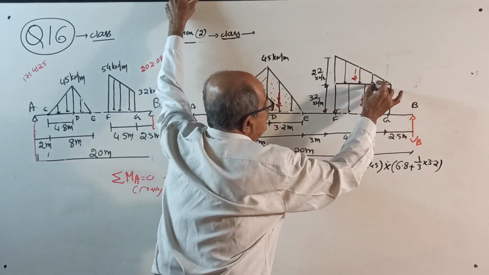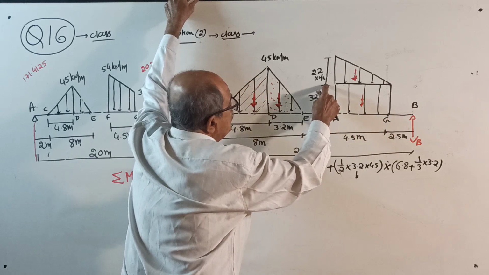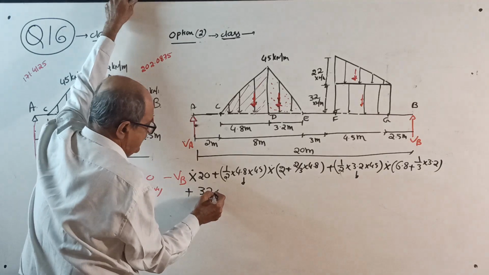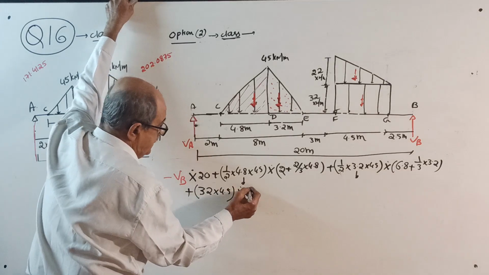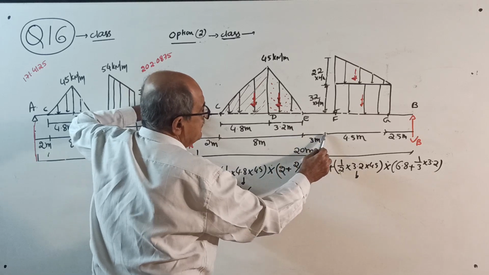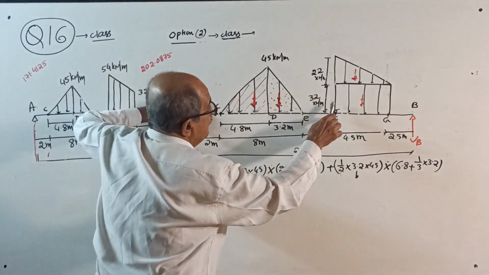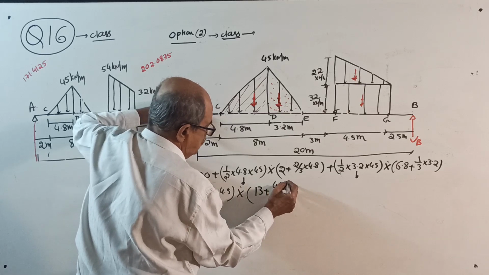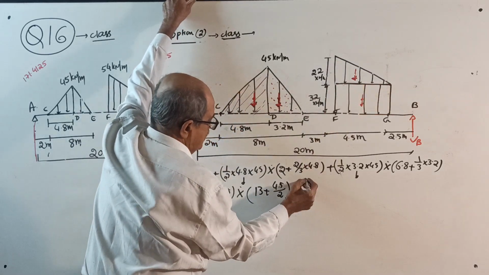Moment of this rectangular, not rectangle, UDL, 32 kN per meter for 5.5 meter, easiest in the world. 32 into 4.5 is the total load multiplied by, see here, 2 plus 8, 10. 10 plus 3 is 13. Moment about A, 13 plus from here to center of the load is 4.5 by 2. Plus once again moment of this load.